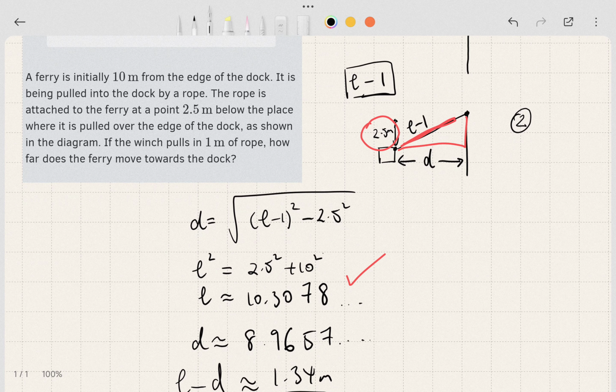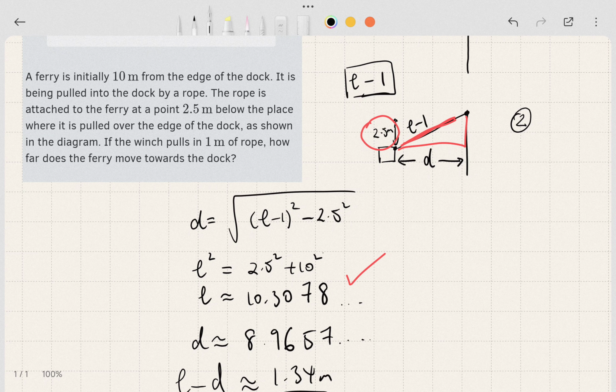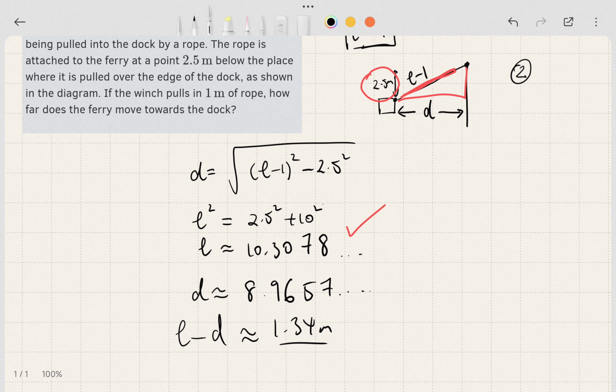This gives an answer of 8.96. If you take the difference, I think it's still 1.34, but it's not captured in the answer, so I'm not sure why that is the case, but it is very strange.